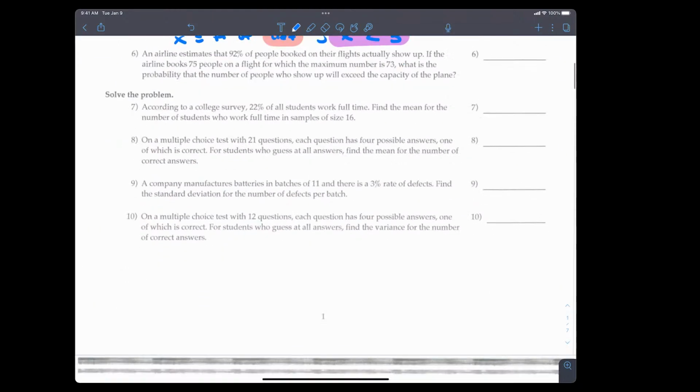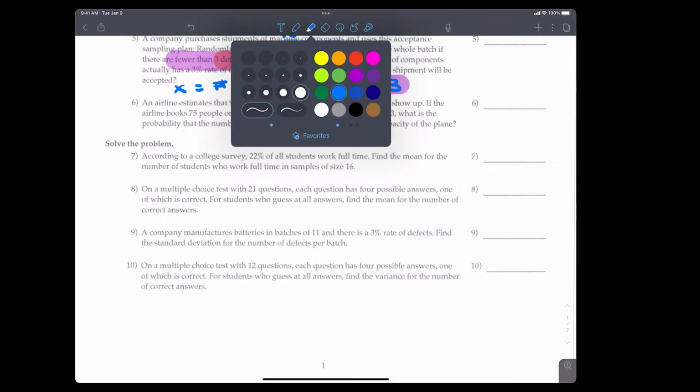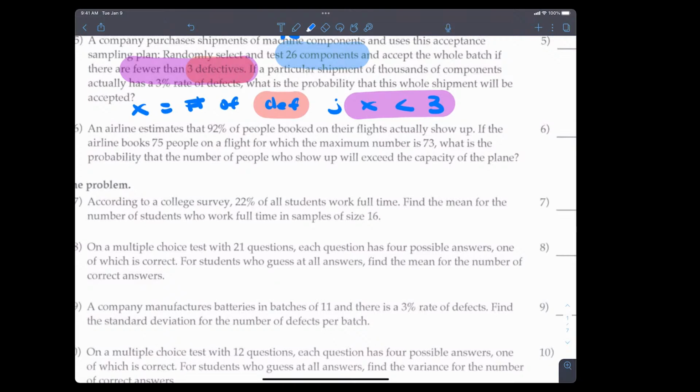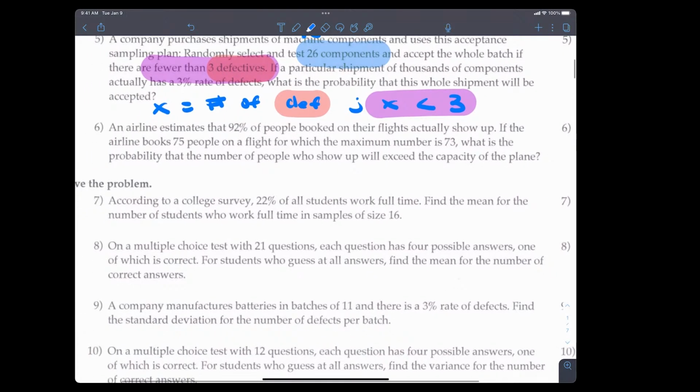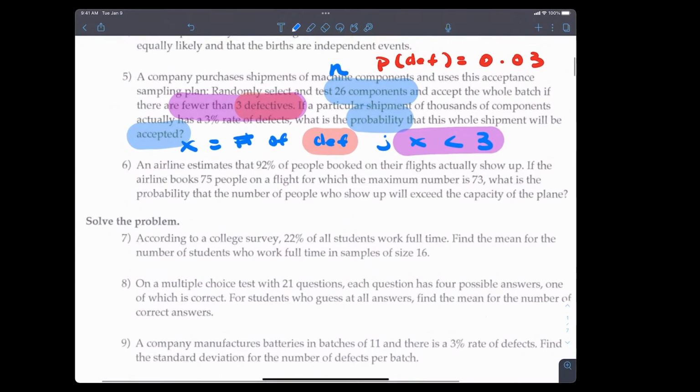What's the probability of accepting the batch? What's the probability this whole shipment will be accepted? Less than 3 defective components. So that's the probability there.